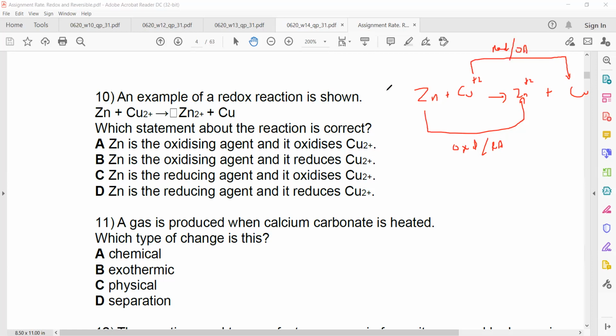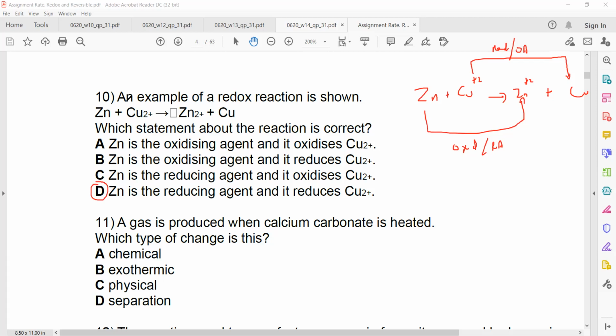Now what is the right statement? So zinc is a reducing agent and it reduces the copper. So that's why D is the right statement.